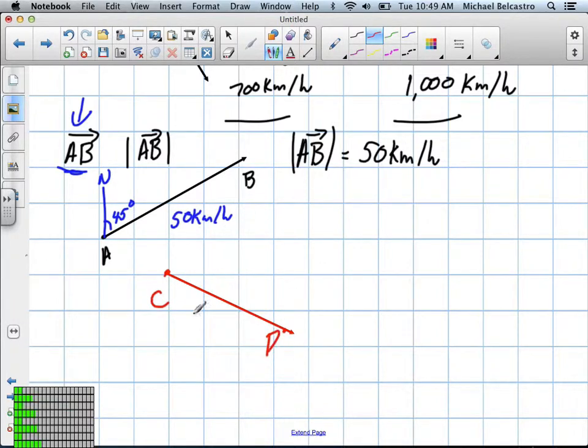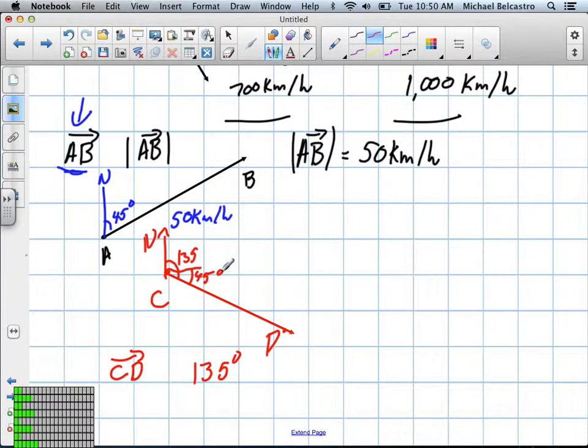So this is vector CD. The direction of this vector, we'll say, is on a bearing of 135. So 135 degrees, which means it's pretty much 45 degrees south of east. That would be a bearing of 135. Notice my bearing is from north again, right? Does that make sense to you guys?